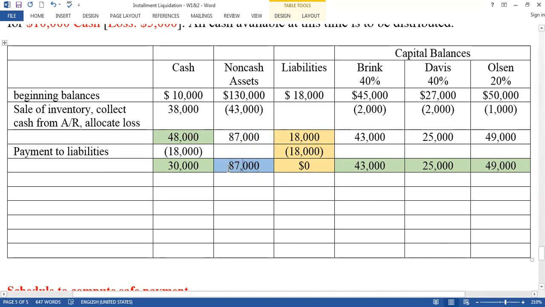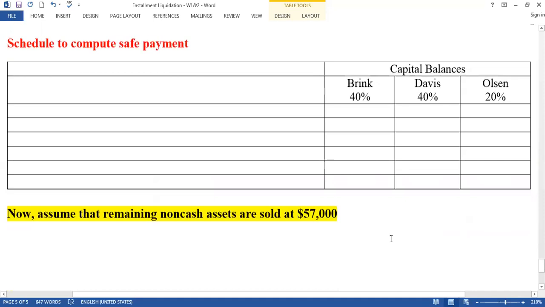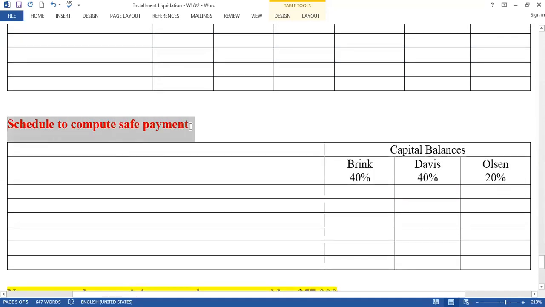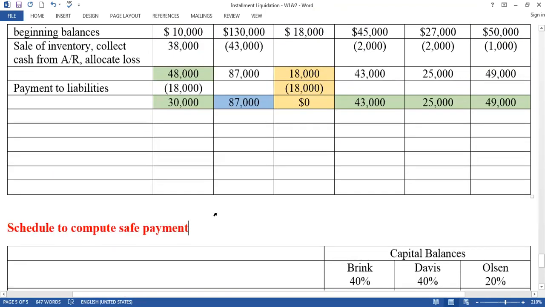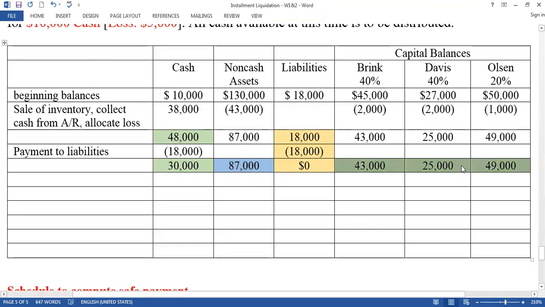Now we are going to allocate this $47,000 as a loss, and we are going to allocate it here to see who has the surviving ability. To do so, we have to make some workings. It is called a schedule to compute the safe payment. We are not going to do it here, but we are going to do it as a working. Now at this moment, you can see that these are their capital balances.